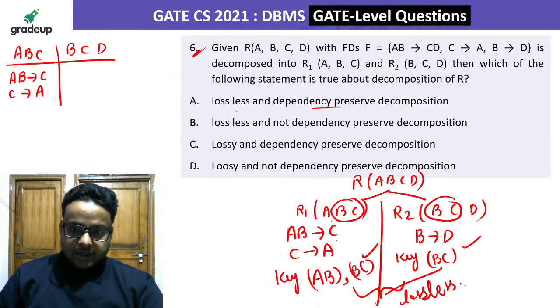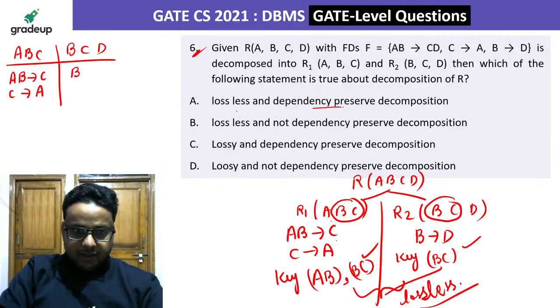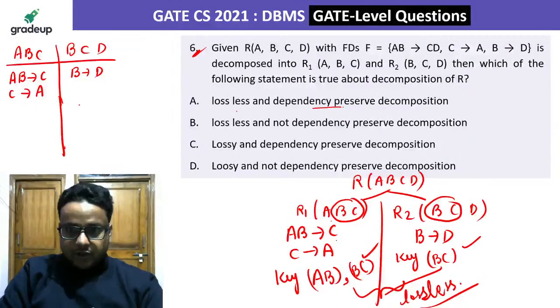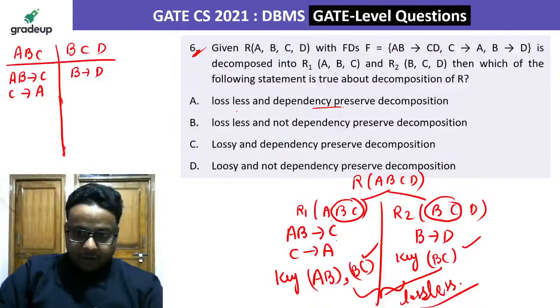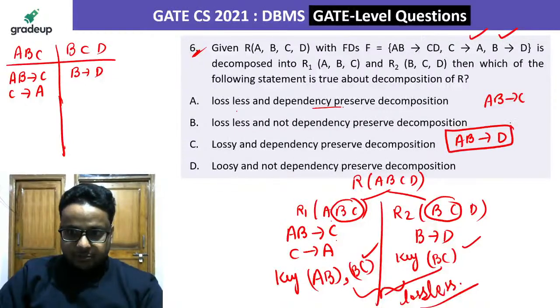Now lossless we have found, dependency preserving we have to see, and directly we can write B goes to D. Now if we directly take only AB determines C, we have got this, we are concerned only with AB determine D or not. This is important.